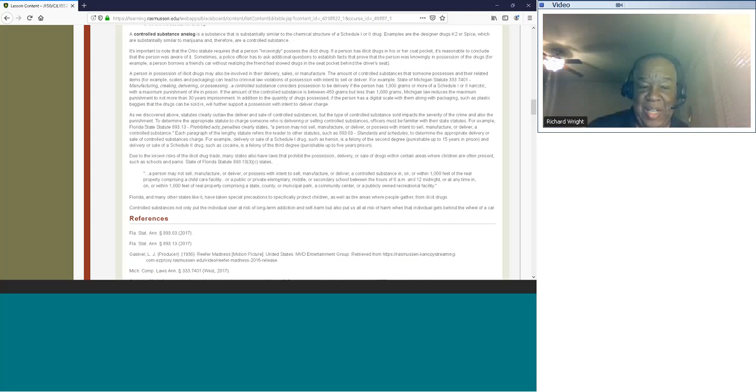As it says here, dealing with the Florida statute, a person may not sell, manufacture, deliver, or possess with intent to sell, manufacture, or deliver a controlled substance in or within 1,000 feet of the real estate where a child care facility, because there are children there, or a public or private elementary or middle or secondary school.